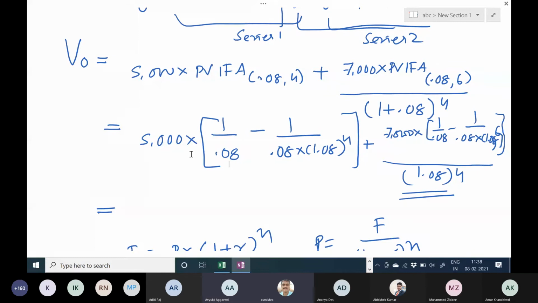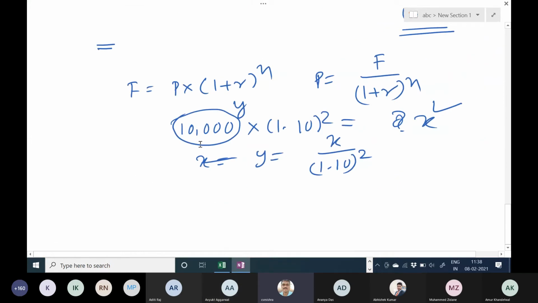Don't make life complex, make it easy. Then you know it is year 2 end onward. So bring it to year 1 as an annuity formula, then from year 1 to year 0 by using the simple present value formula.